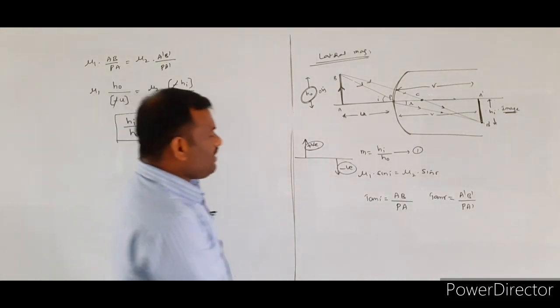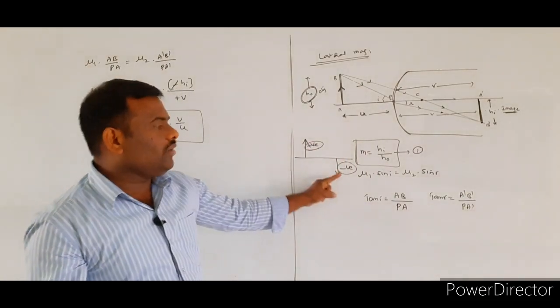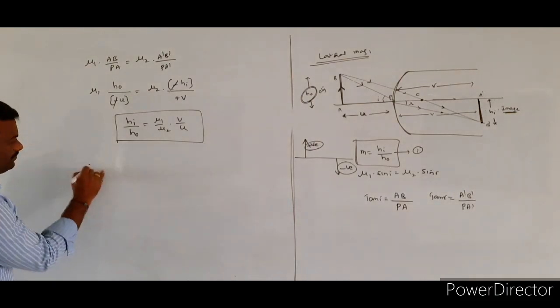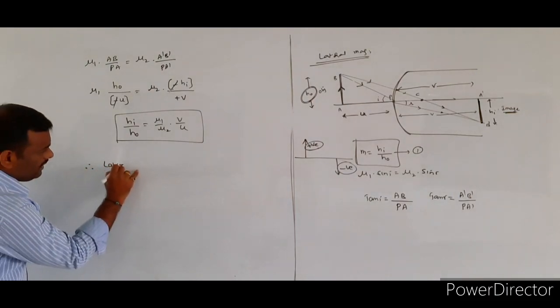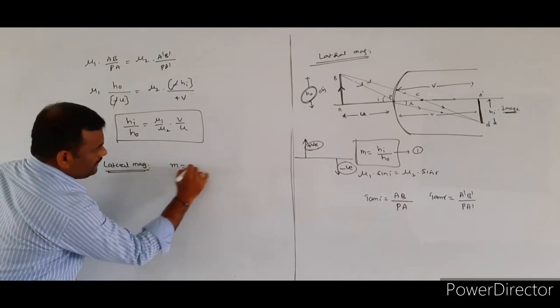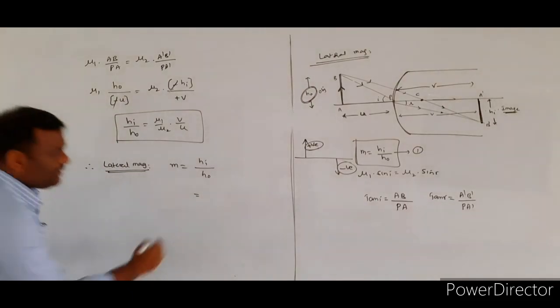So what is the formula for the magnification? M is equal to height of the image by height of the object. Therefore, the lateral magnification M is equal to, you know the basic formula, height of the image by height of the object.